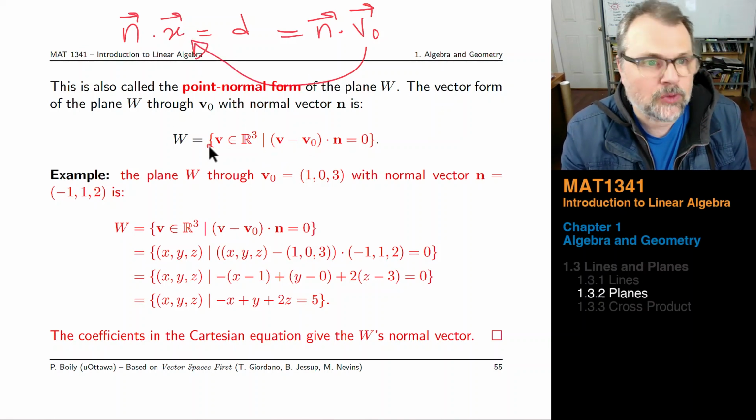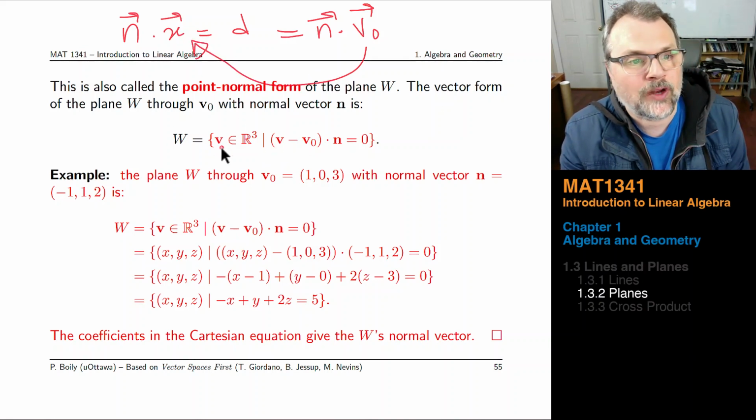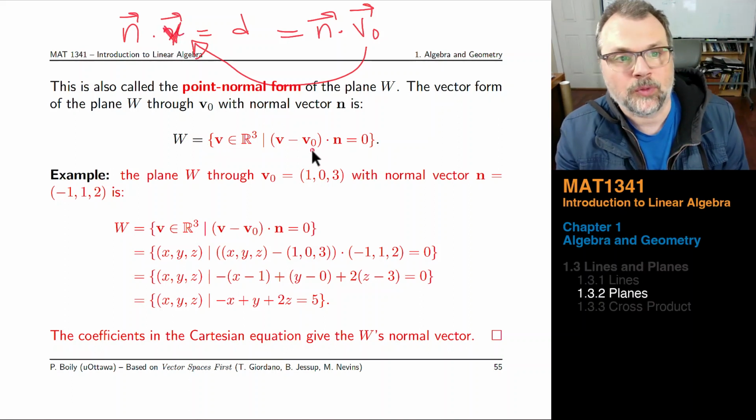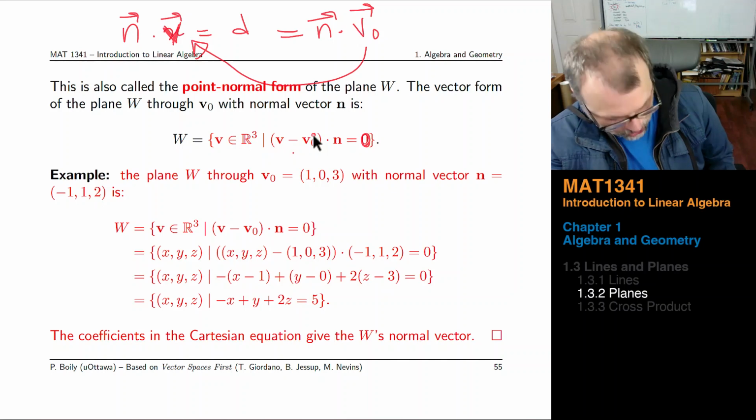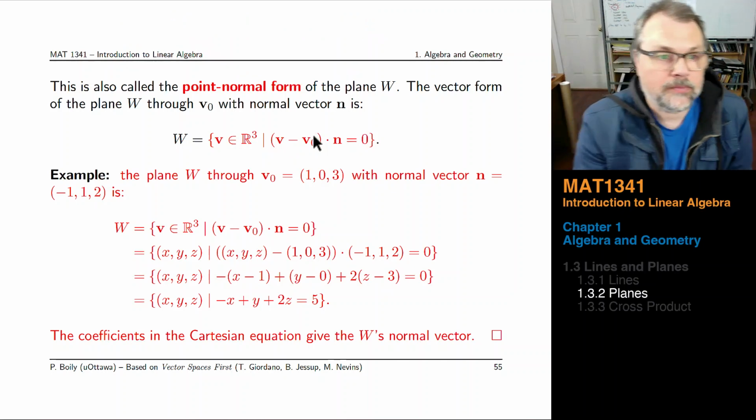In my specific notation, instead of calling it the vector x, I call it the vector v. And this is what we're seeing: n times v minus v0 will be the scalar 0, not the vector 0, because this is an inner product of vectors. So it's just another way to describe a plane.